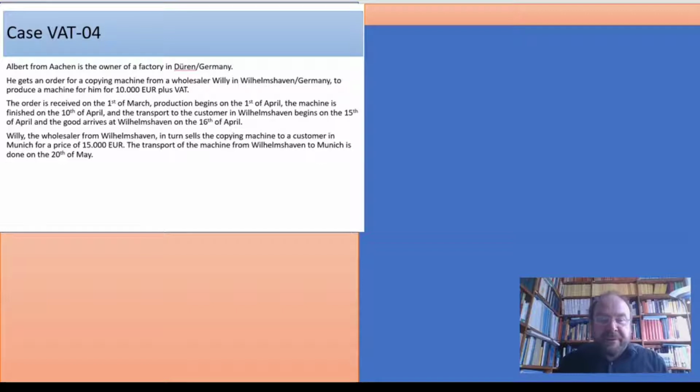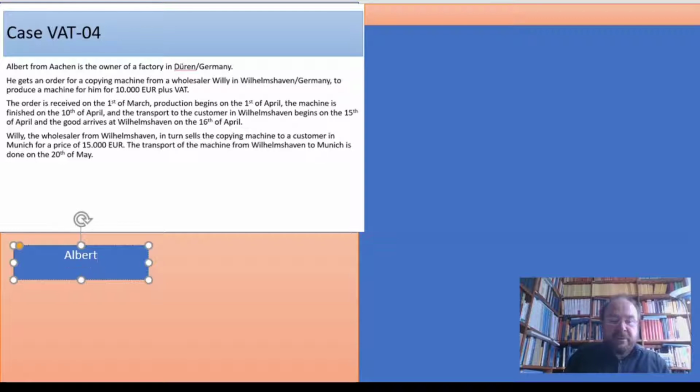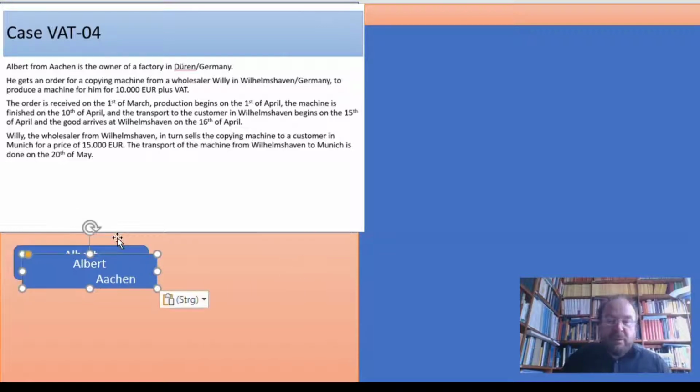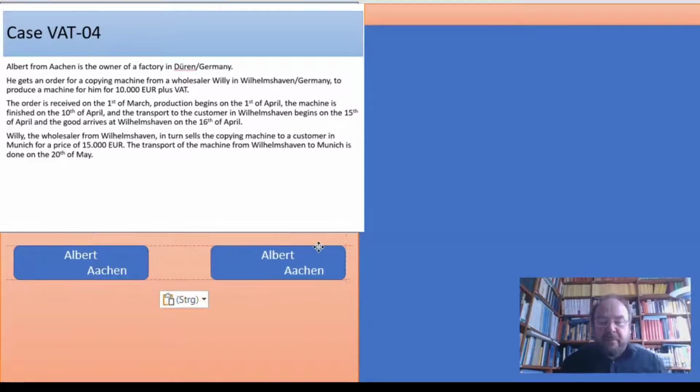Let's first make a small sketch of what's going on here. We have first Albert, who is from Aachen, and we have as his customer Willi from Wilhelmshaven.